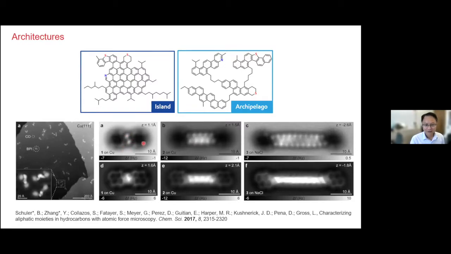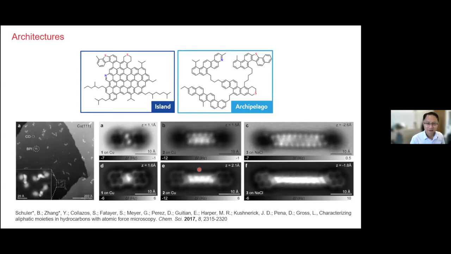Here at a higher tip height and a lower tip height, you can see aromatic structures. This is pyrene, what we put down, as you expect. And this is the carbons, this 10 carbon, 20 carbon, you can see individually. This is to show that this kind of architecture can be obtained under the same conditions. So this has been published.